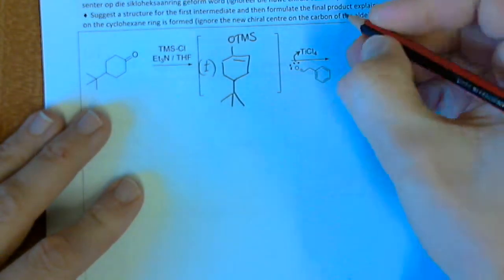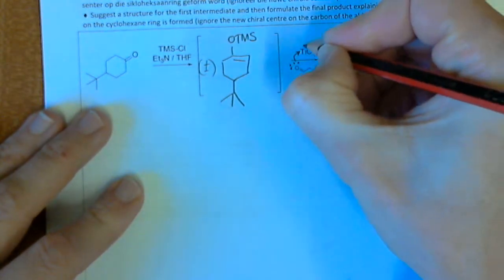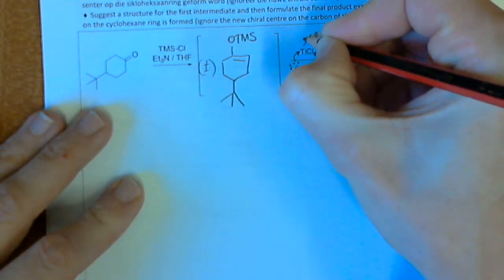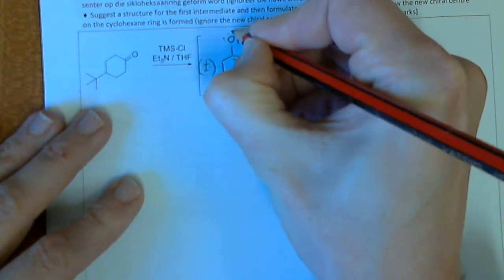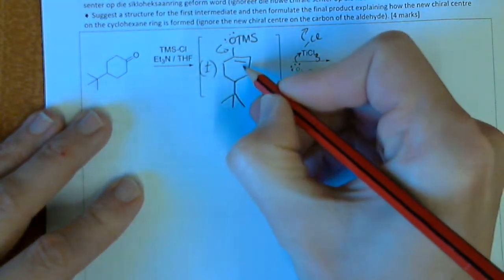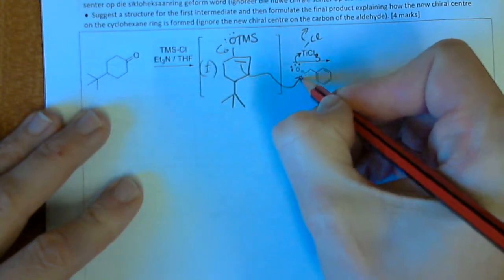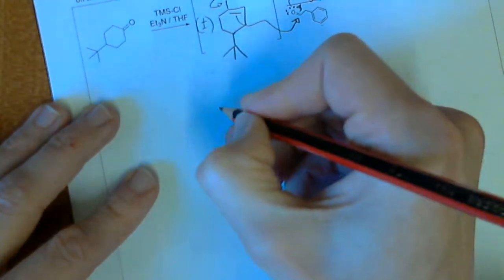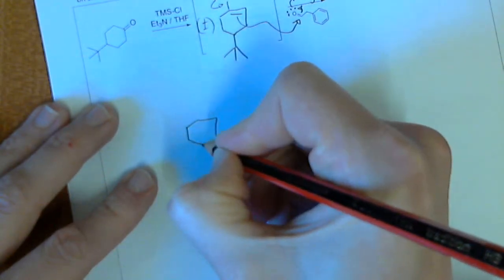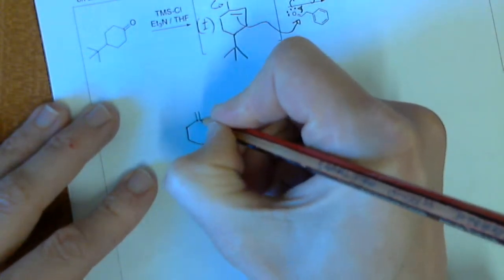And so by activating that, it kicks off a chlorine, and this is a bit more reactive. It comes in, goes over there, and that can break. And so our product looks a little bit like this.